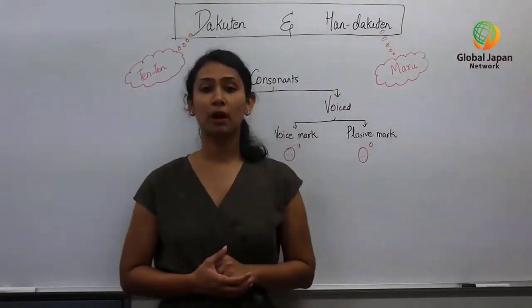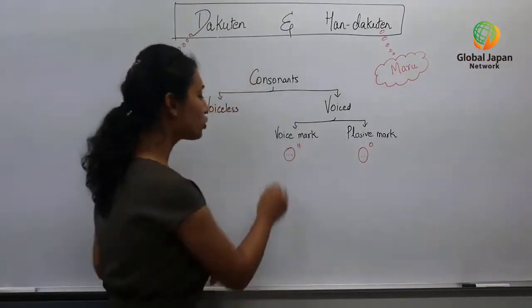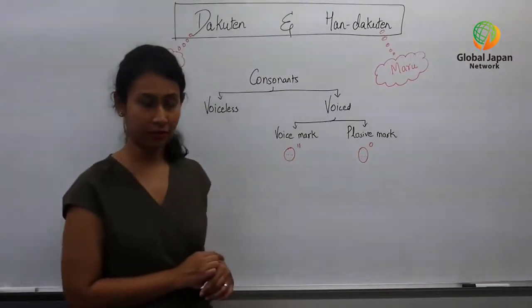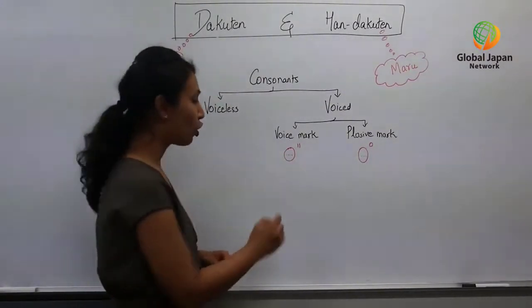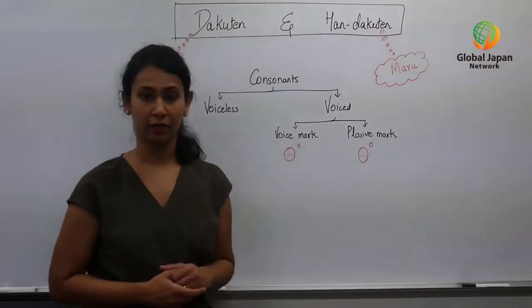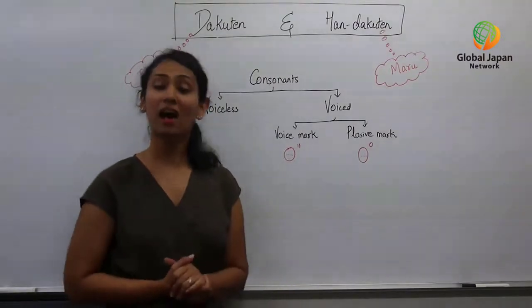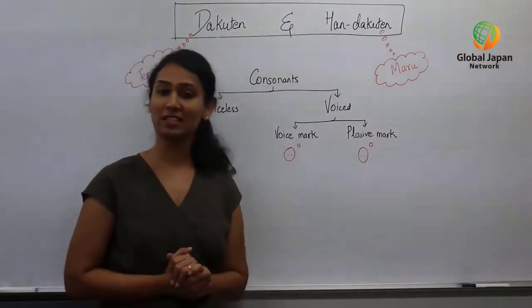One thing common about adding these marks is, once you write the hiragana character, these marks are added on the top right hand side of the character. With this brief introduction, let's start with learning about voiced consonants today.